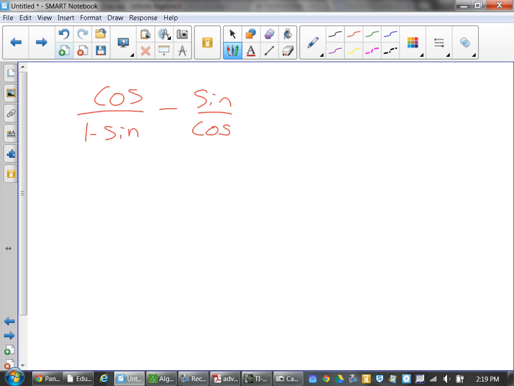In order to subtract fractions, what do you have to have? So the common denominator here is going to wind up being 1 minus sine times cosine. The fraction on the left needs a cosine.